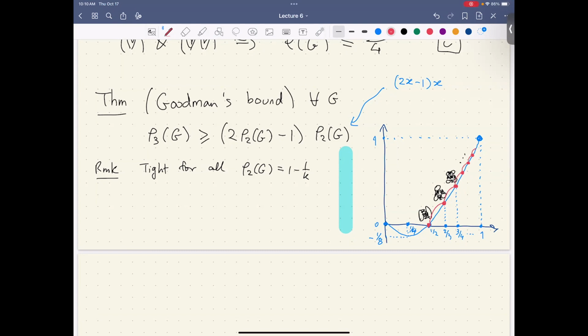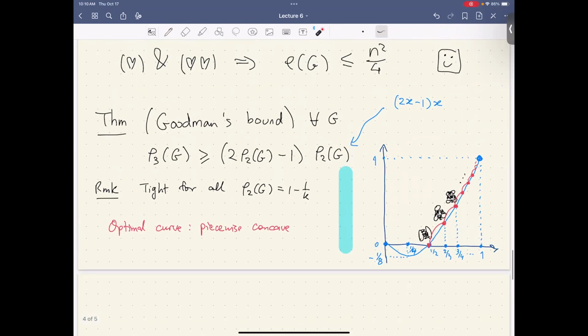This is the best possible bound, the optimal lower curve, which is piecewise concave, coming from interpolating these examples. Okay, I will not say more on this.